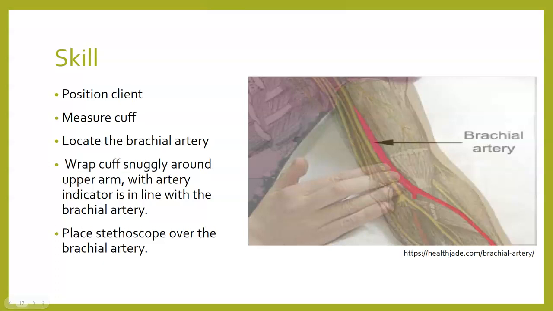So, first things first, we're going to check for any contraindications. Some contraindications for blood pressure would be if a patient has had a mastectomy on either or both sides. Maybe a patient has had a mastectomy on the left side. When they do that, they usually take out the lymph nodes as well.